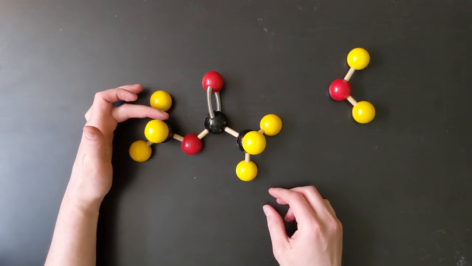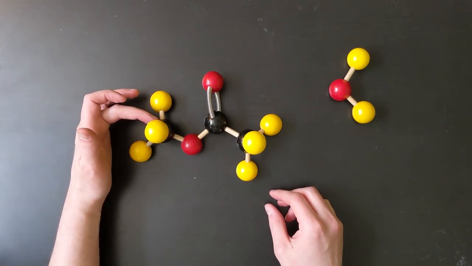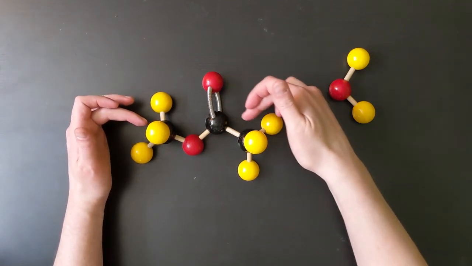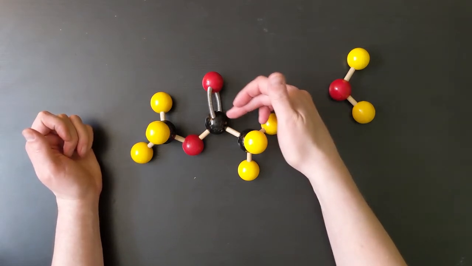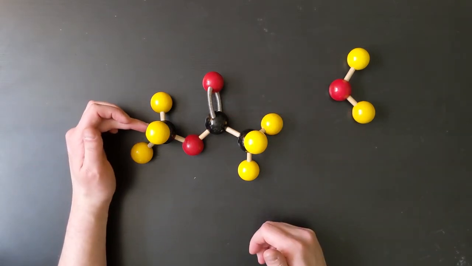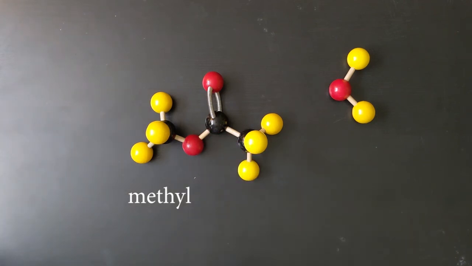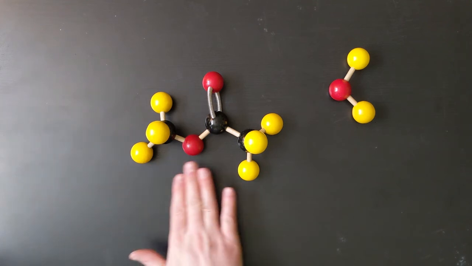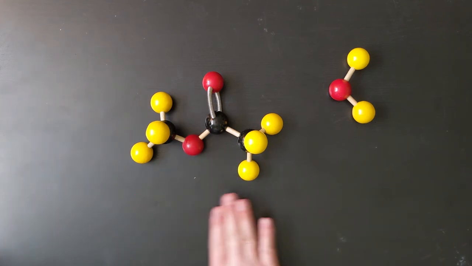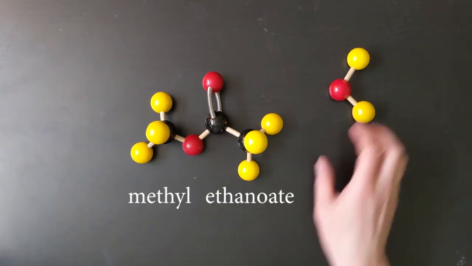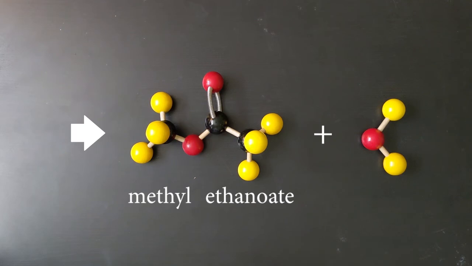It gets named with the part that came from the alcohol as a branch, and the part that came from the carboxylic acid gets named as the parent chain. So this guy started out as methanol, so it'll be a methyl, and then this guy started out as ethanoic acid, so it'll be ethanoate. So the full name of this ester will be methyl ethanoate, and water will be the byproduct.